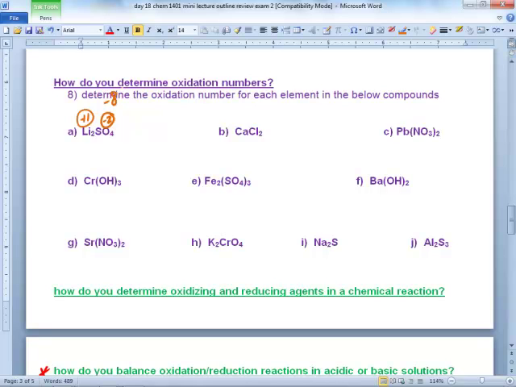The lithiums and the sulfur and all the oxygens have to add up to be 0. But the lithium isn't just +1, it's +2 because you have 2 lithiums, right? And that was our convention. Up on top we write total charges, right? So 2 times a +1 for the lithium. Where am I getting the 2? Right there. I have 2 lithiums. 2 times a +1 is +2.